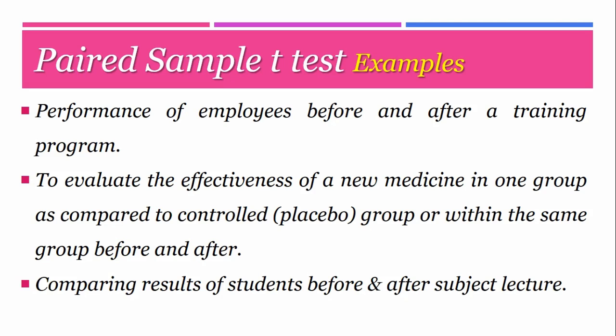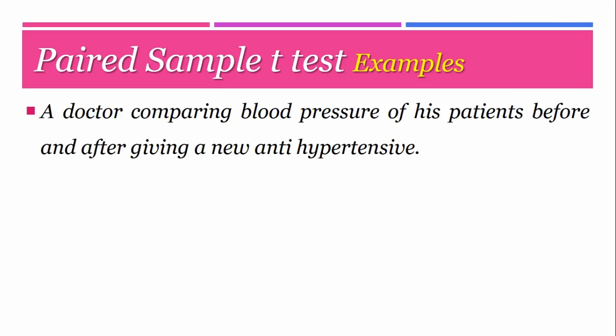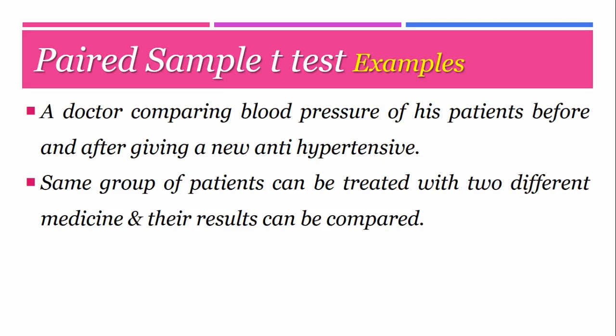Another example could be studying the improvement in results of students before and after the subject lectures. A few more such examples that can be analyzed using the paired t-test are: a doctor who wants to compare the blood pressure of his patients before and after giving a new antihypertensive drug.